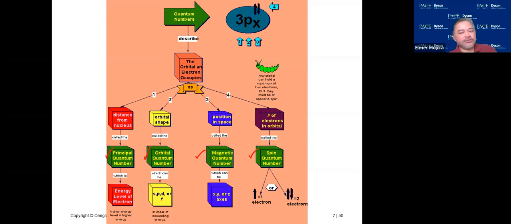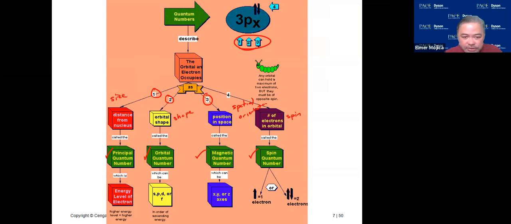In terms of what they describe, the first three have to do with the size, the shape, and the spatial orientation, and this one has to do with the spin. We're going to discuss each of them and the role that they have. So 1, 2, 3 describe an orbital, and the fourth one describes the spin quantum number that you have here.